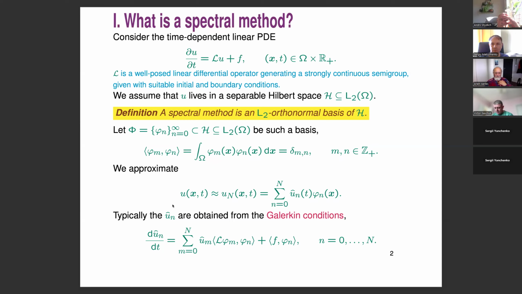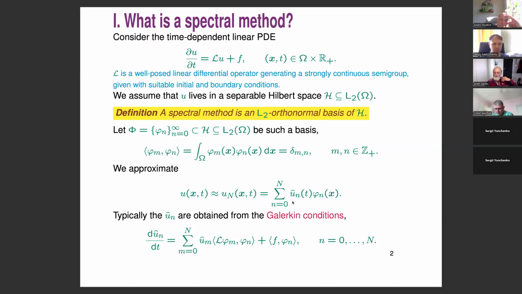orthonormal. In that case, we simply approximate the exact solution by a truncated expansion in this basis, in which the coefficients are functions of time. For t equals 0, the initial condition is obtained from expanding the initial condition for the PDE in the underlying basis.